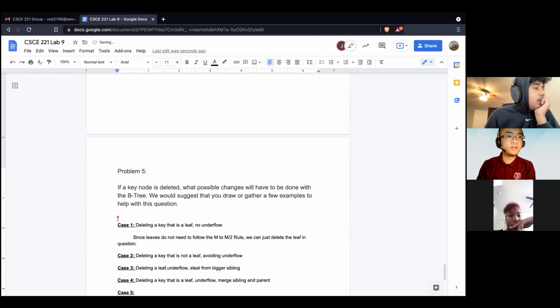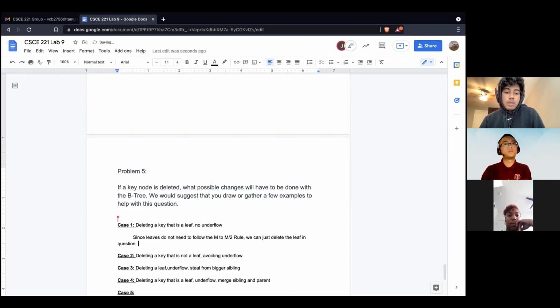I think it's the leaf, but it has another key. So deleting a key that is a leaf that has another key with it. For example, they have 3 and 4. So we can delete 4 and that's okay, because 3 will still be there and 2 will still have its children.